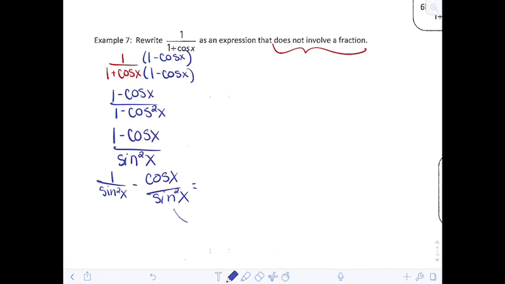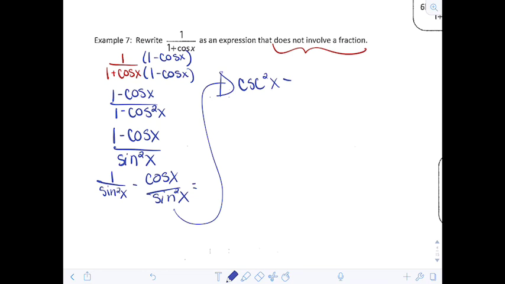Okay, and so then I'm going to carry my work up here. I know that 1 over sine squared, well, the reciprocal function for sine is cosecant, so that's really cosecant squared. Minus, but I still have this fraction. If it was cos squared over sine squared, I'd be making that cotangent squared, but it's not.